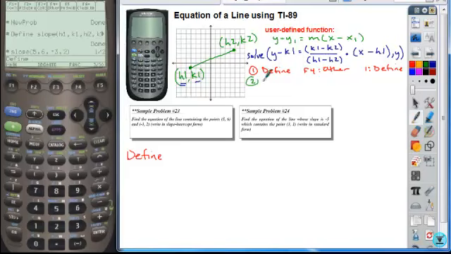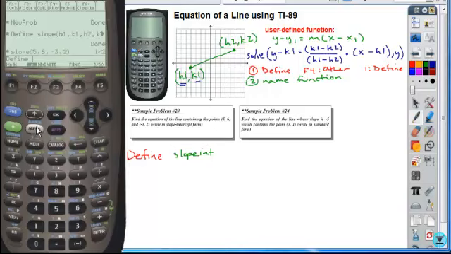Next, we're going to name our function. This time, we're looking to find slope-intercept, so I'm just going to call this slope-int. It's descriptive enough to understand what it is, and it's not going to coincide with any other commands on the calculator.